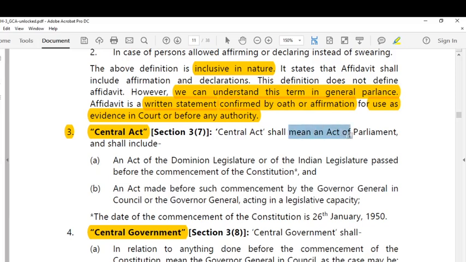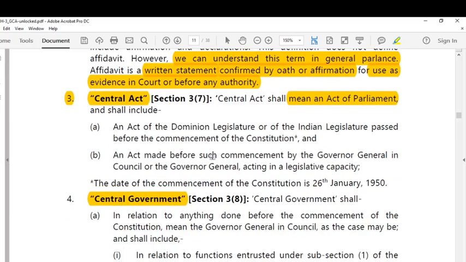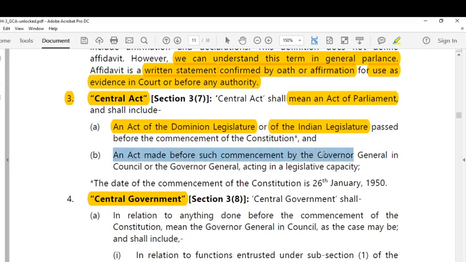Central act means an act of parliament and shall include an act of the Dominion legislature or of the Indian legislature passed before the commencement of the constitution, and an act made before such commencement of governor generals in council or the governor generals acting in a legislative capacity. Right, this is called a central act.